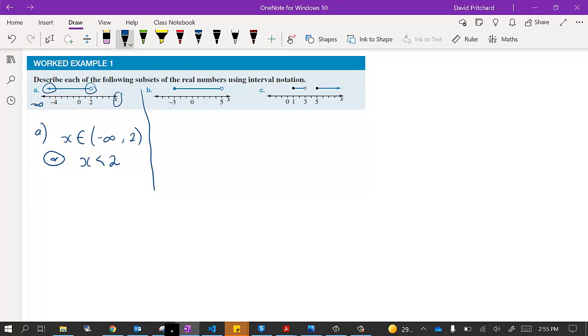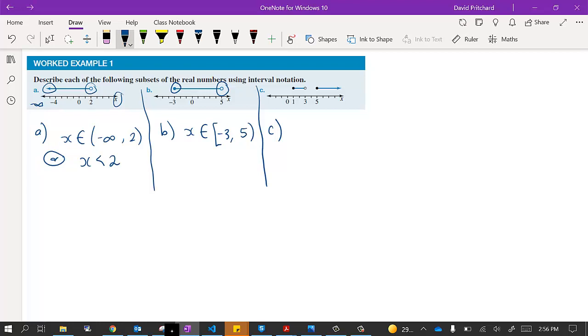All right, so here we have a lower bound of -3 and an upper bound of 5. -3 is inclusive, see it's colored in, and 5 is non-inclusive, it's not colored in. It's an open circle. So here we are saying that x is an element between and including -3, but not including 5. So square bracket for -3, round bracket for 5. And then we've got another one here, so there's going to be an or.